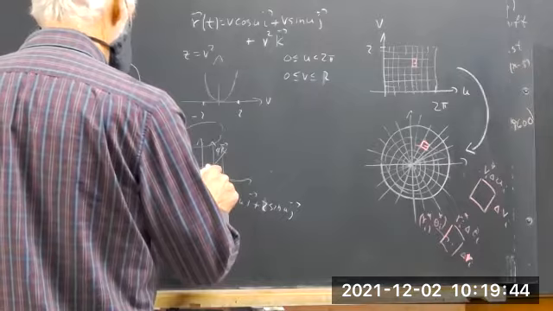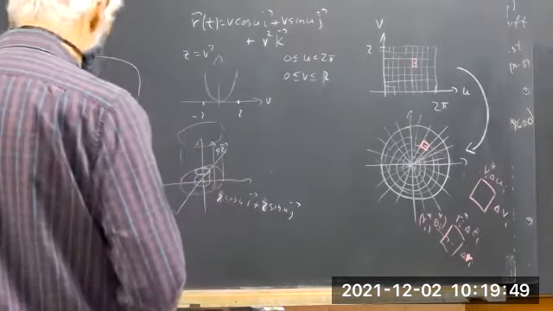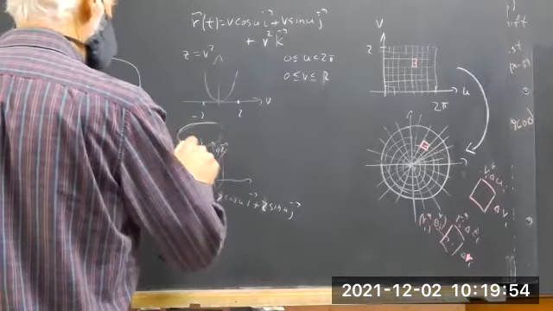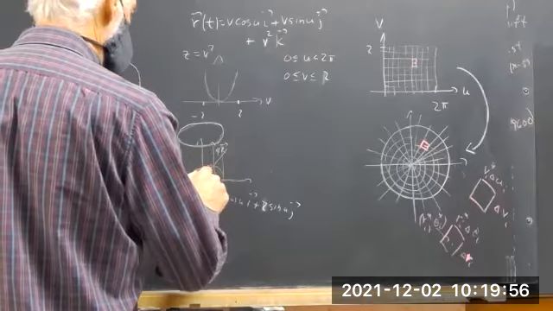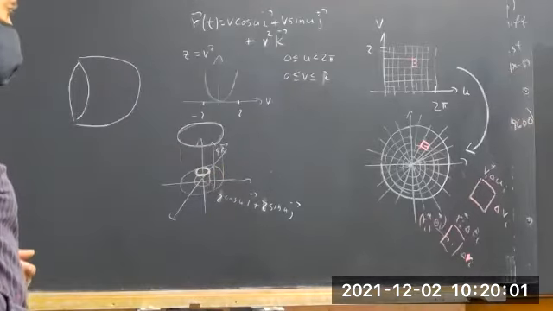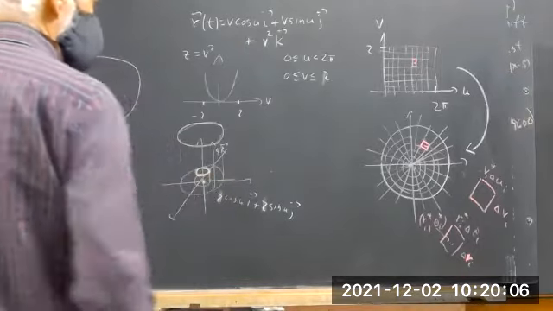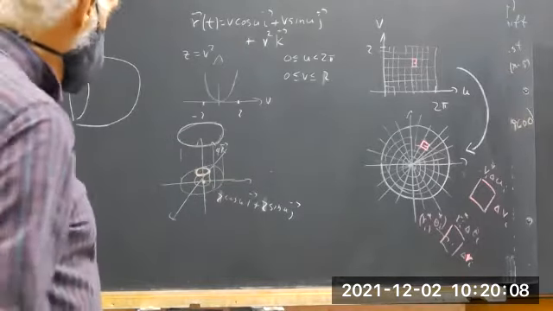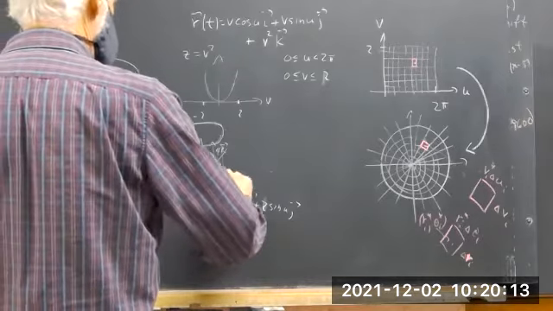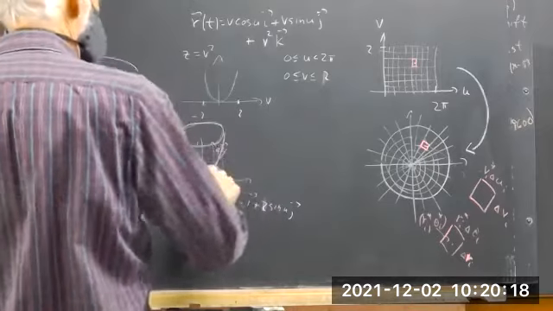Now you have a circle out here. You've got this circle and this circle. Down here, you just have the point at the origin. What you've got is something like this.